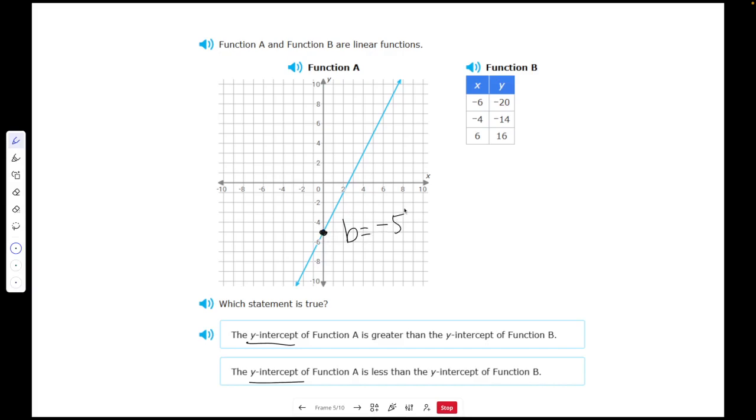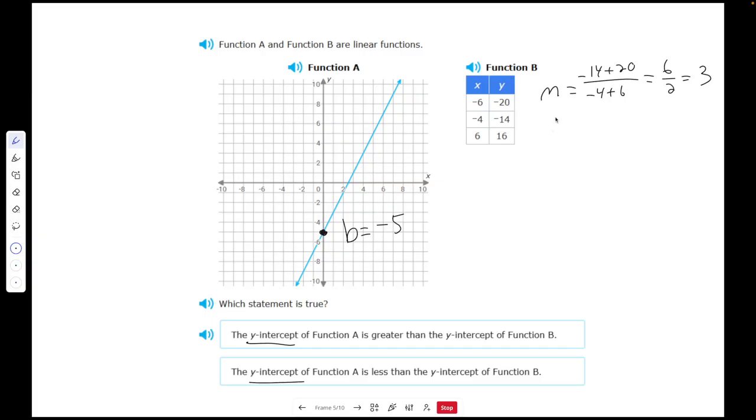Now to find the y-intercept for function B, we have a little bit more work to do, okay? We need to first calculate the slope. So we would get our slope formula, we would do all this, which would give us 6 over 2, which is 3.